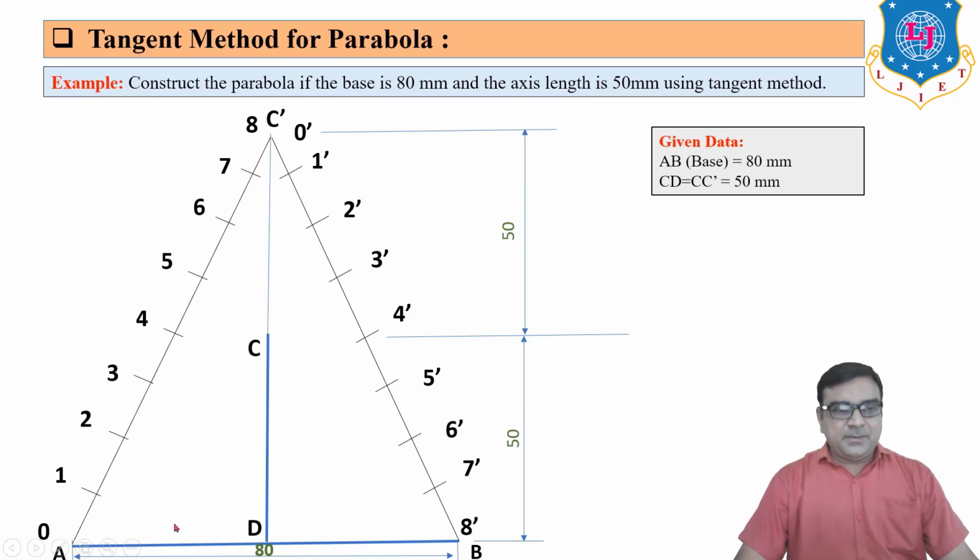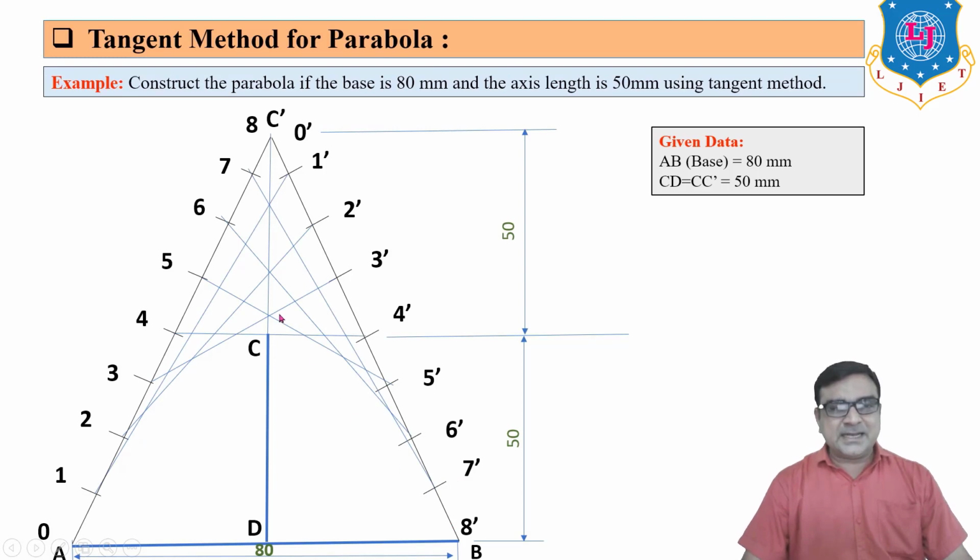Now at present we have 3 points of the parabola: A, C and B. To obtain the other points, we have to join this 0 0 dash line, then 1 1 dash. You have to draw the straight line between these 2 points: 1 1 dash, 2 2 dash, 3 3 dash, 4 4 dash, 5 5 dash, 6 6 dash, 7 7 dash and 8 8 dash.